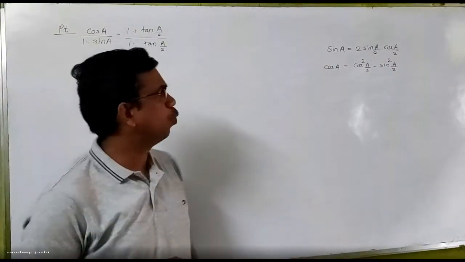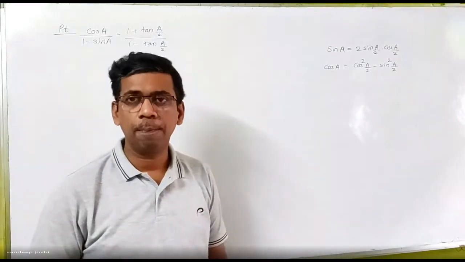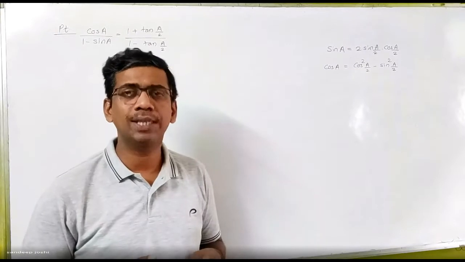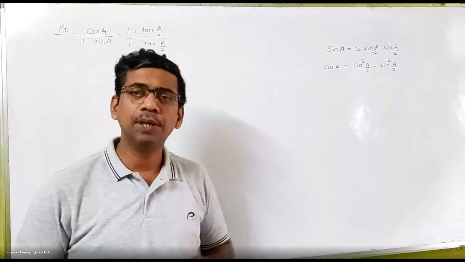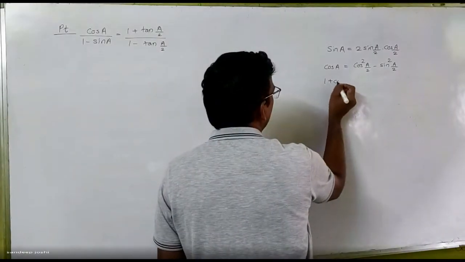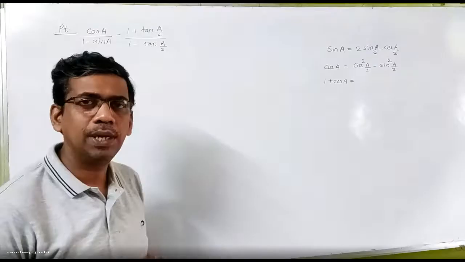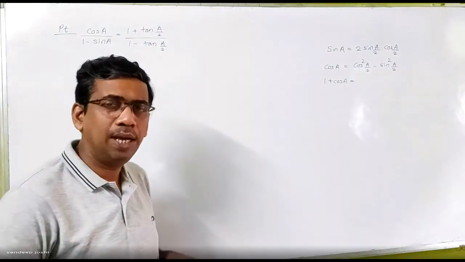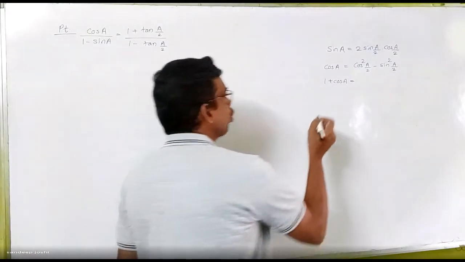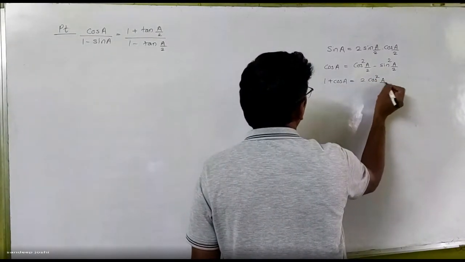Now many students will ask me, why did we start with this as the only formula? I'm not interested in moving with this as the formula, because in some previous sessions we might have gone through formulas like 1 plus cos A. For the plus sign, we use 2 cos square A by 2.